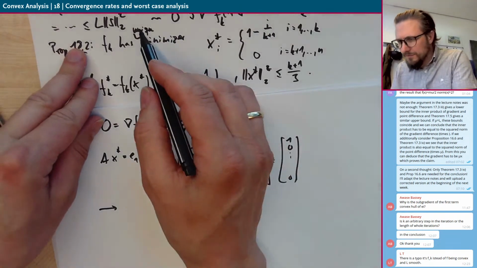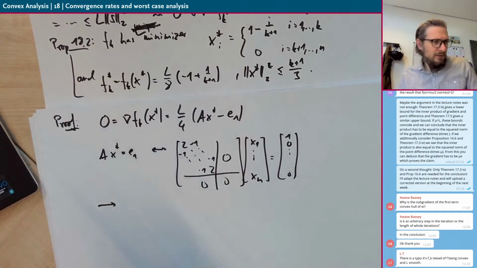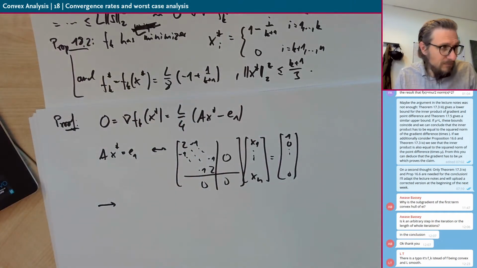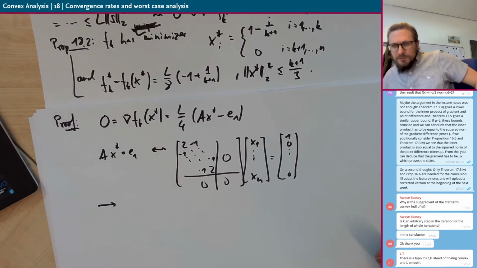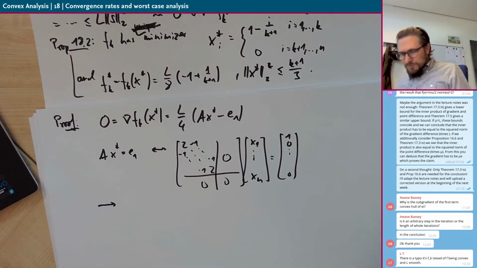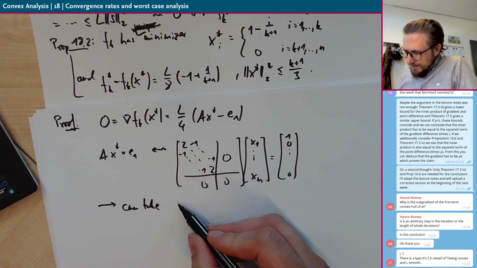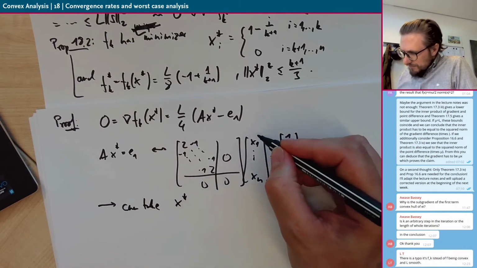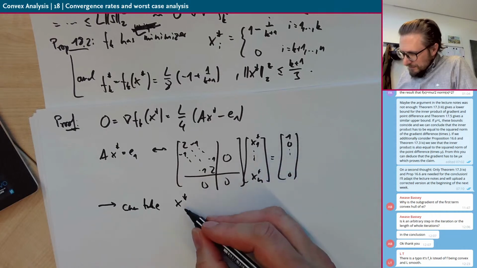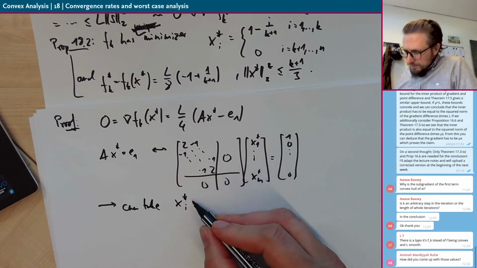So this uniqueness here is wrong. But it doesn't matter, that's actually not the point of the proof. We don't need uniqueness. So we can take x star i equals 0.